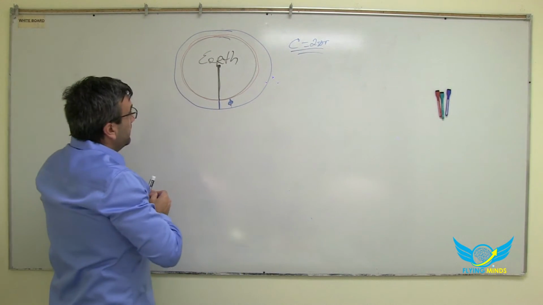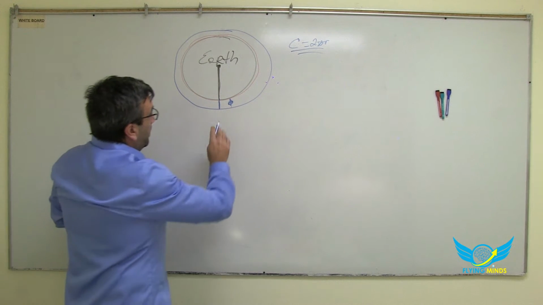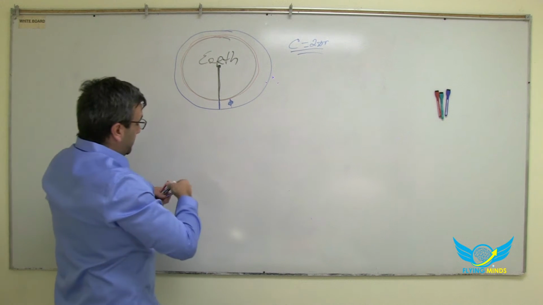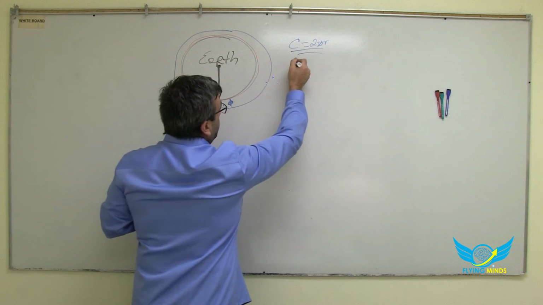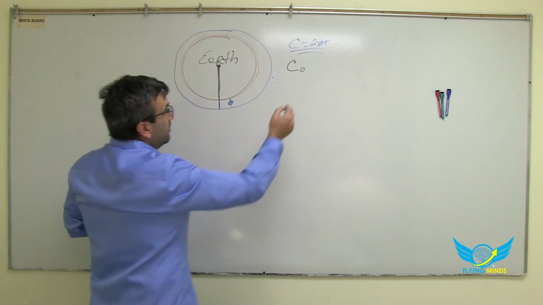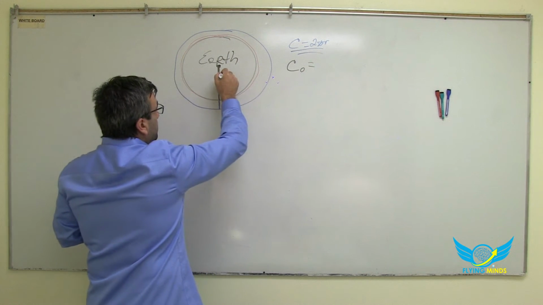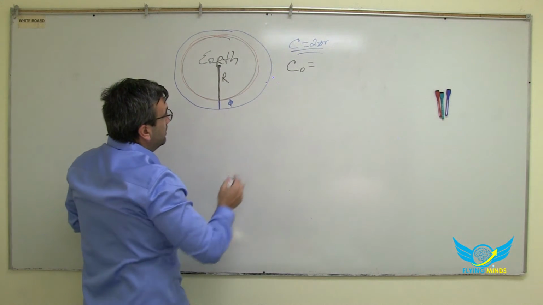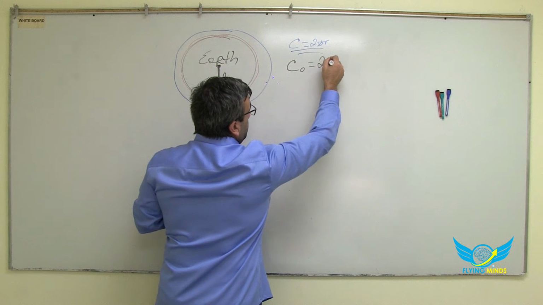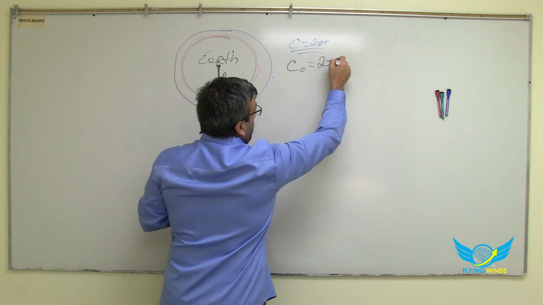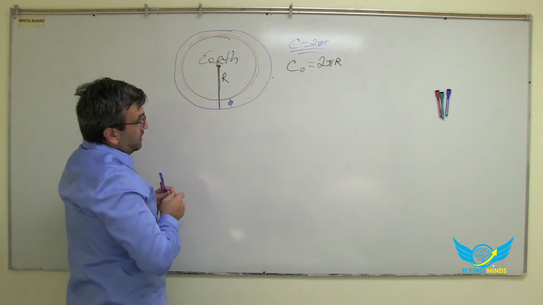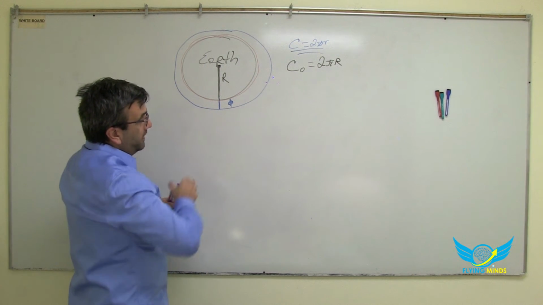Let's mark the original circumference, and let's mark the radius as capital R. So the circumference of the original rope is 2 pi r.